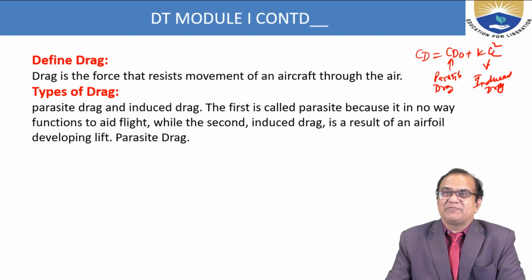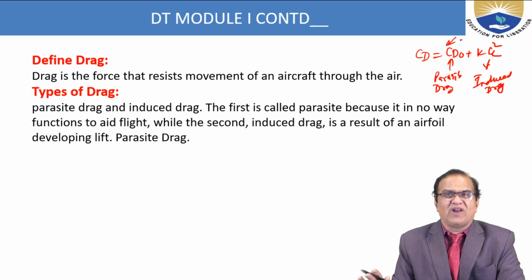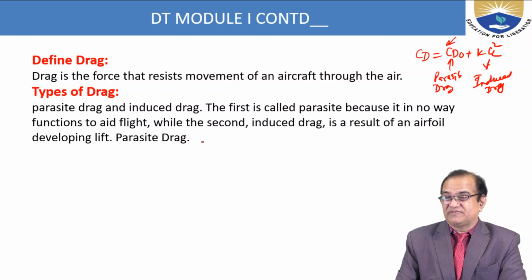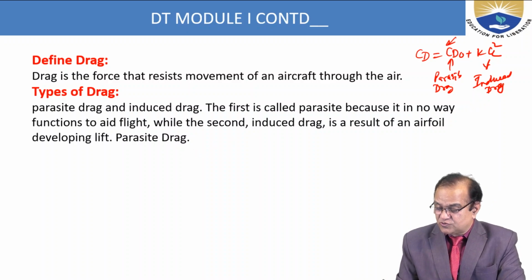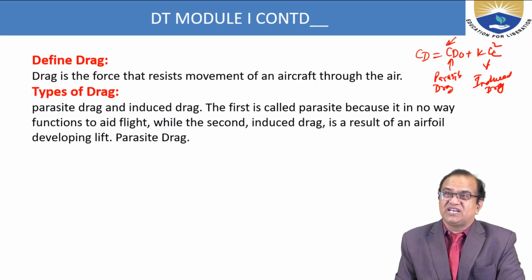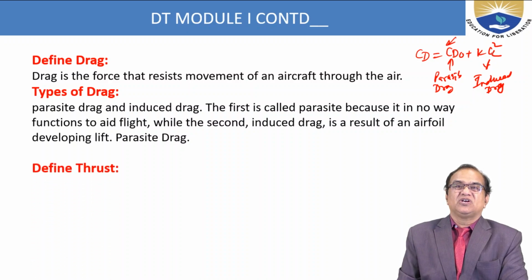The first is called parasite drag because it in no way functions to aid flight, so it is not related to flight. The second, called induced drag, is a result of an airfoil developing lift. It is due to lift generation, so as you increase the lift, your drag will also increase. Now we define the thrust.